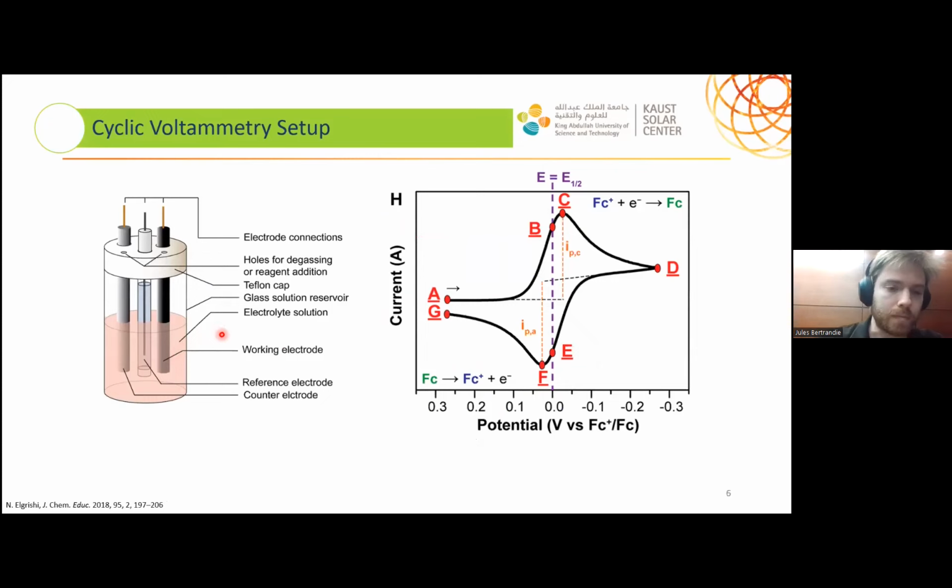The cyclic voltammetry setup is a well-known setup, quite inexpensive and easy to build, where you have a working electrode, a counter electrode, and a reference electrode, and all those electrodes are immersed in an electrolyte. On this setup, you apply a certain voltage and you gather a current.